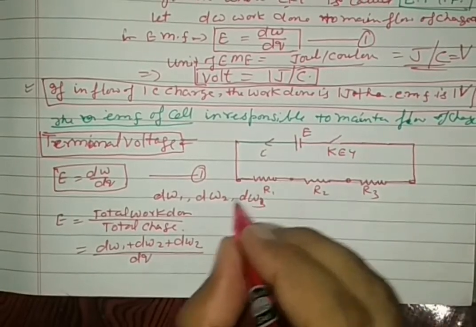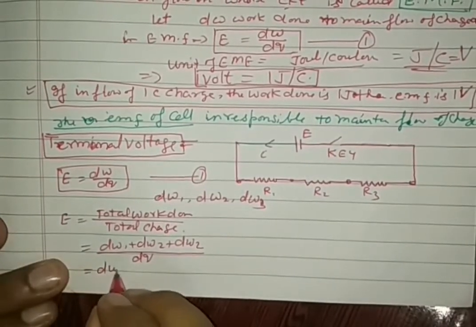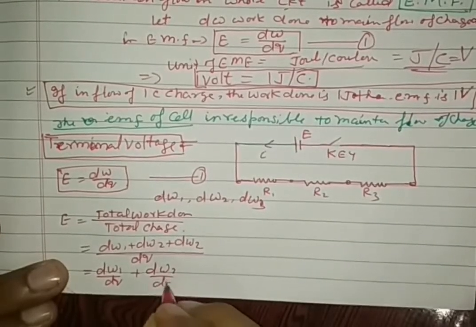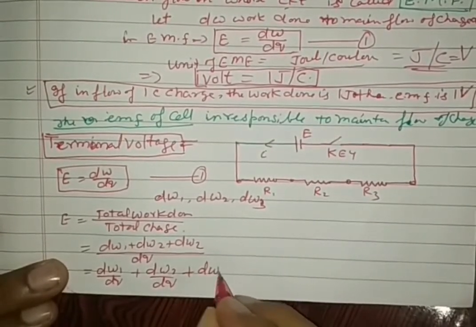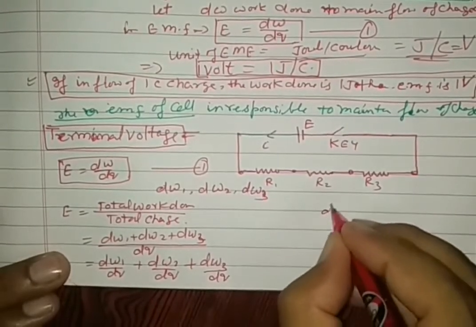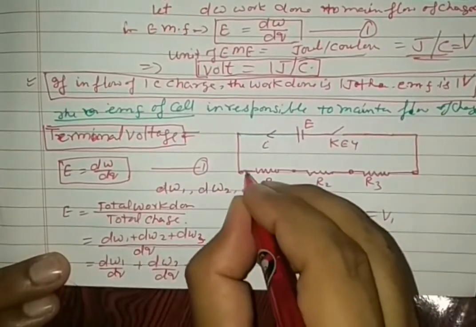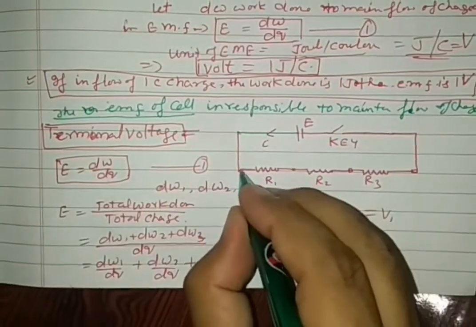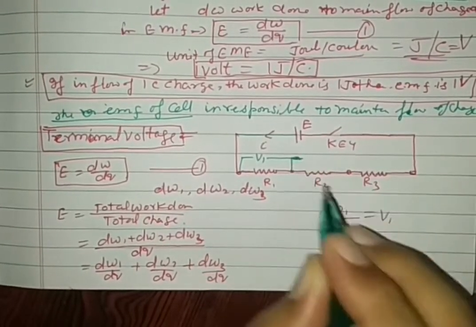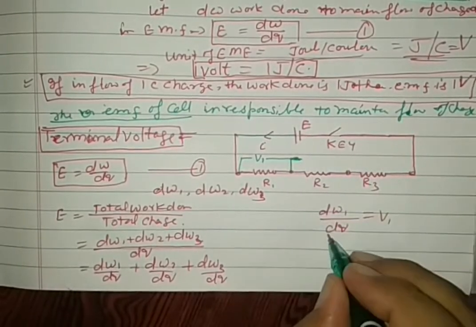We may write dW1 by dQ plus dW2 by dQ plus dW3 by dQ. dW1 by dQ is called the terminal voltage, the potential difference, across the first resistance.